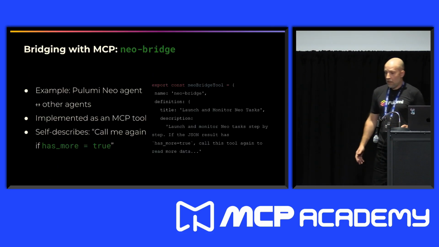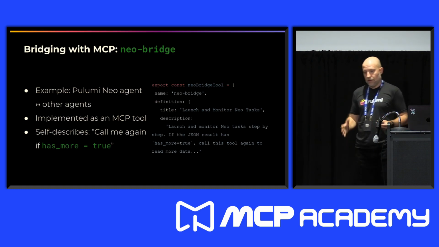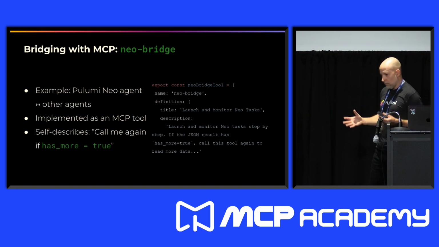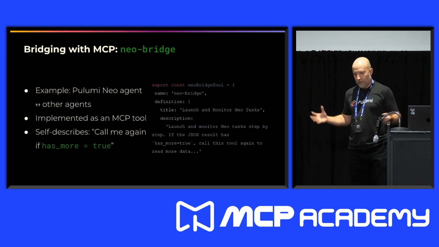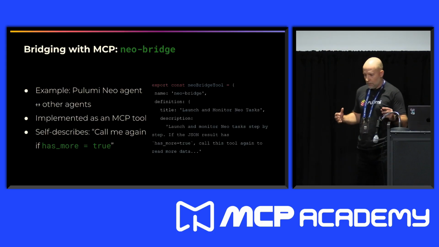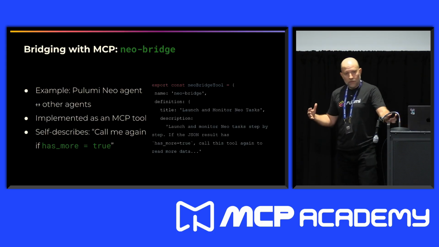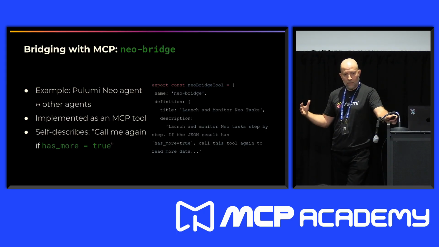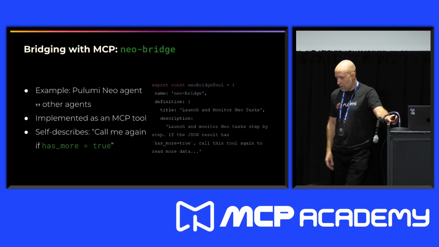So we decided to take a stab at agent-to-agent integration, and we built this tool that we call Neo Bridge, or Bridge to Neo. And with this tool, you as a user will be able to ask questions like, ask Neo to tell me about my cloud infrastructure and tell me if I have any policy violations in my S3 buckets, like a very typical cloud infrastructure related question.